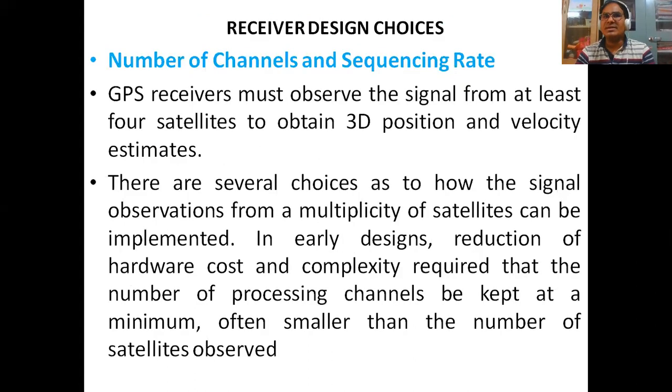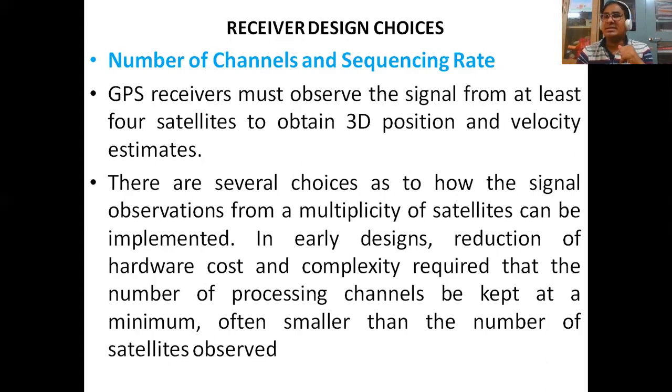Okay, right. Each one we will study in detail. So, the number of channels and the sequencing rate. A GPS receiver should come with not only a single channel, sometimes 2 channels, sometimes 3, sometimes 4, sometimes even 5 or more, because it has to receive signals not only from a single satellite, it has to work simultaneously.